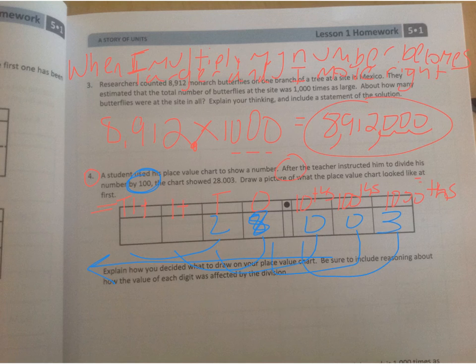So that now your answer has become a 2 in the thousands place, an 8 in the hundreds place, a 0 in the tens place, a 0 in the ones place.